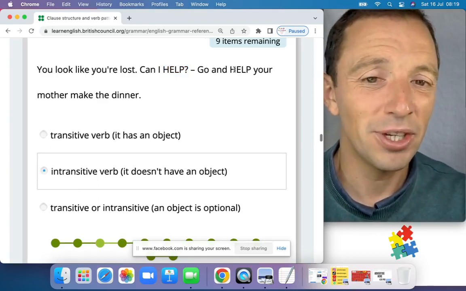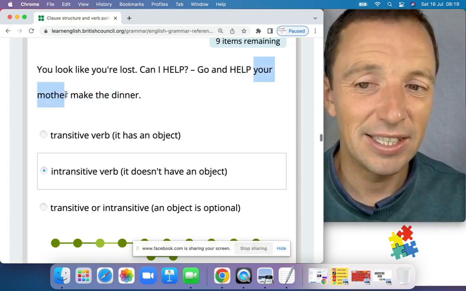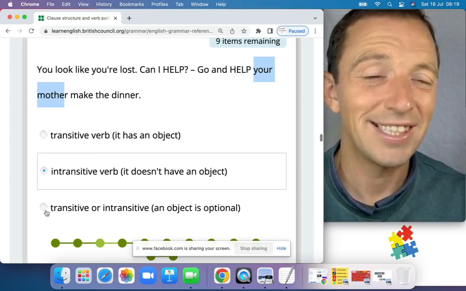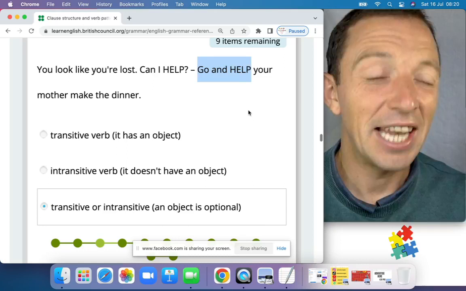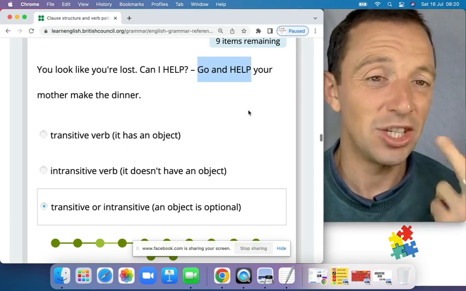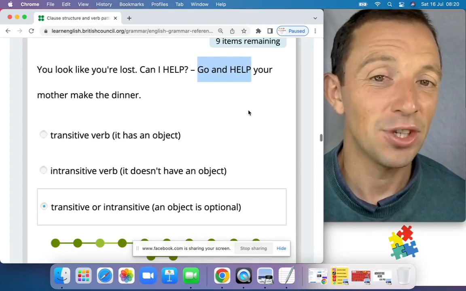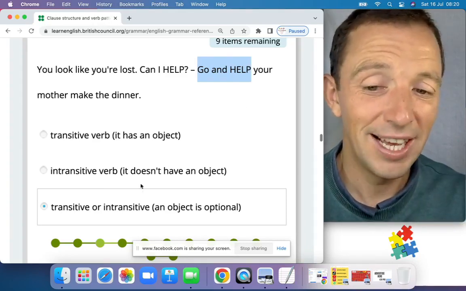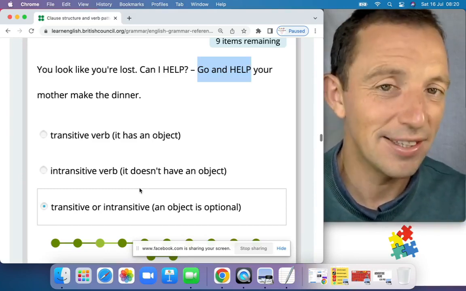Go and help your mother: your mother is the object, so that is considered transitive. This is an imperative because it's an order and an instruction, so there's no subject. So I think this verb help is possibly transitive or intransitive, and technically that's known as an ergative verb, but we will see that later.